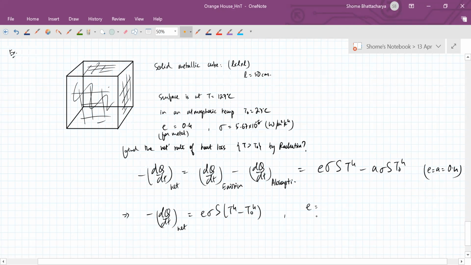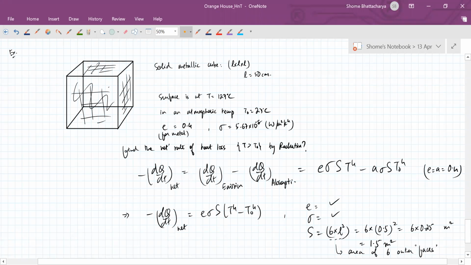So emissivity we are given, we'll substitute. Sigma is given, say, Stefan constant. Surface area will become 6 times L square. So 6 into 0.5 square. So 6 into 0.25 in meters square. It is 1.5 meters square. Okay. So this 6L square is the area of the 6 outer faces of the cube.